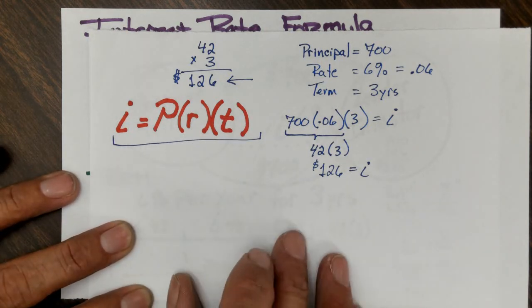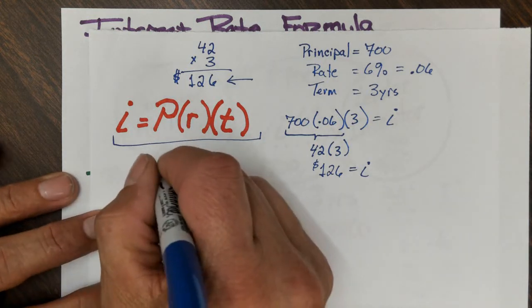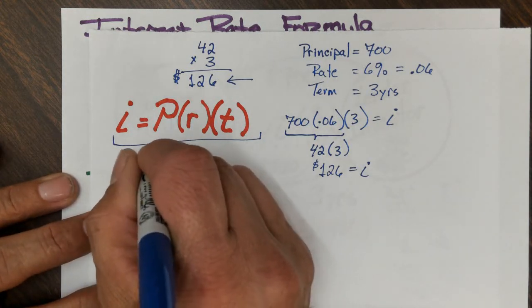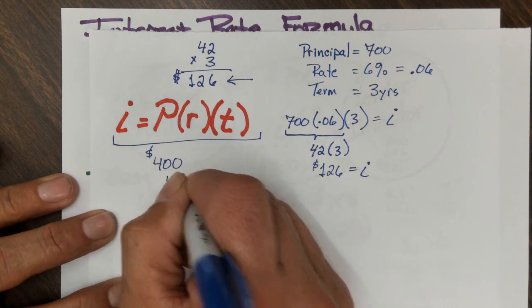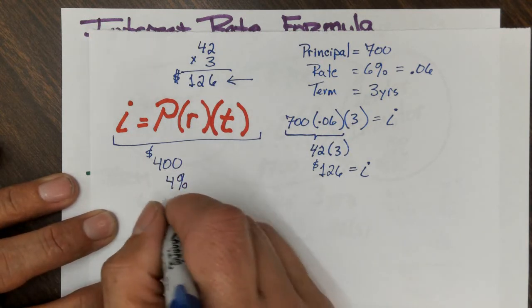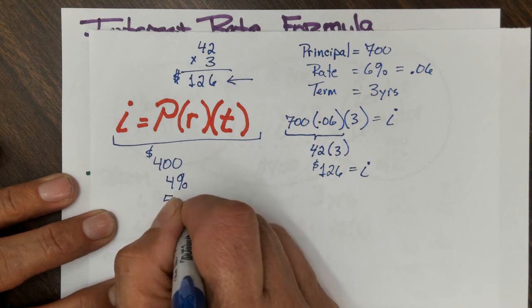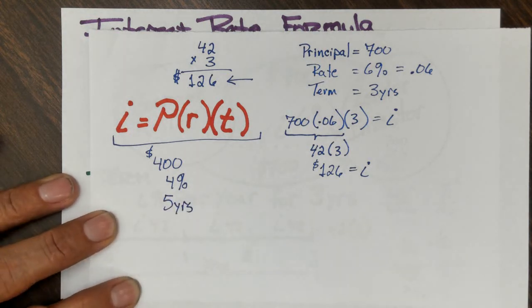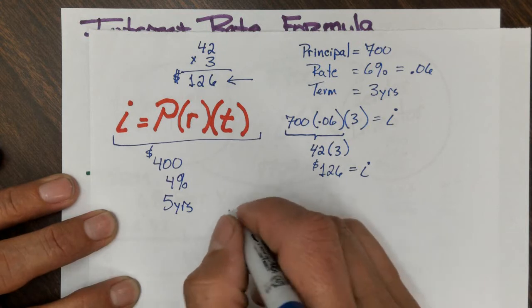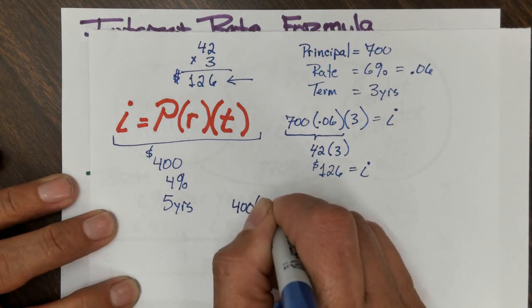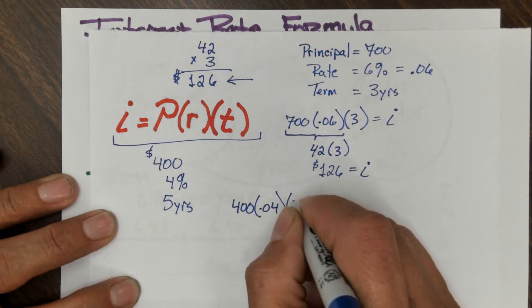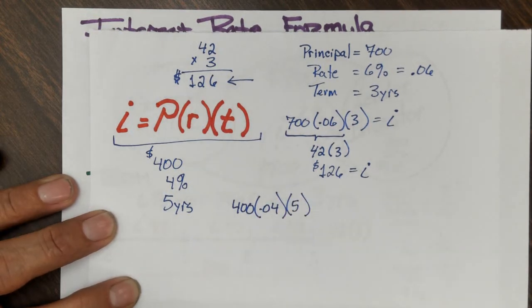If we use it as a bank example, if I put $400 in the bank at 4% per year, and I left it in there for 5 years, how much money would I have? We're going to do the exact same thing. We'll do 400, the principal, 0.04, the decimal, times 5, the number of years.